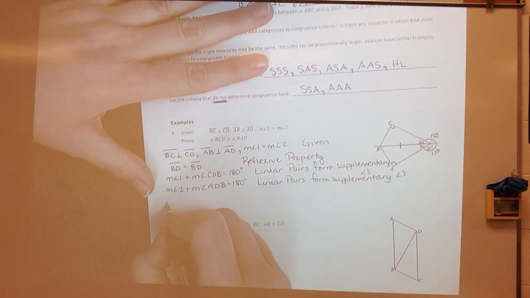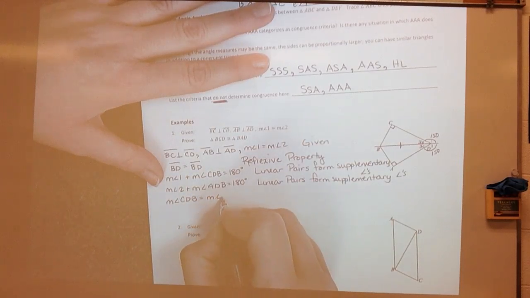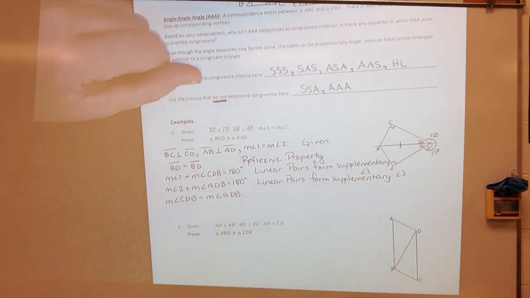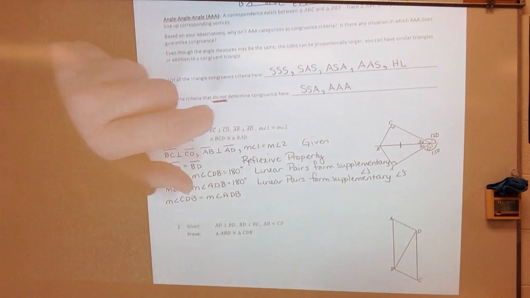Alright, so the measure of angle CDB is equal to the measure of angle ADB, because if two angles are equal in measure, then their supplements are equal in measure. Alright?